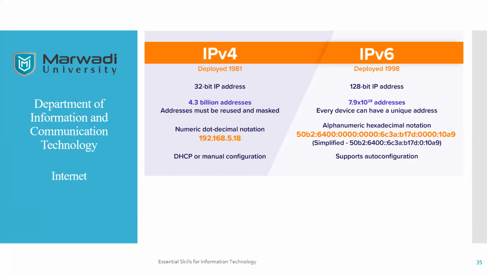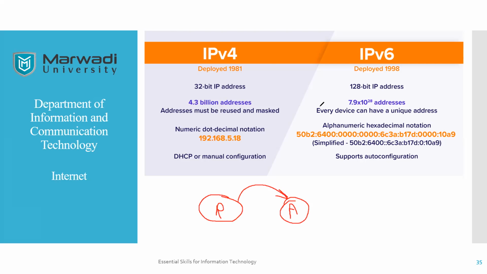So DHCP stands for Dynamic Host Configuration Protocol. Let me give you one example. Suppose you are using your internet in a particular area which belongs to Rajkot. Whenever you travel to Ahmedabad, you are changing your network from Rajkot to Ahmedabad.